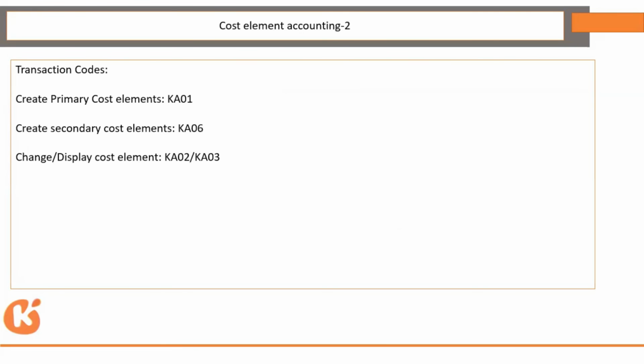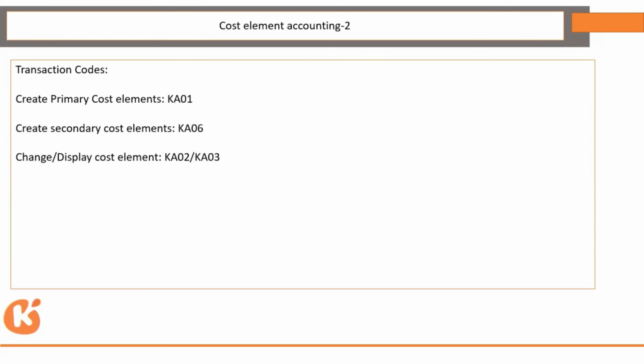And when we are having cost elements, we generally create cost elements using the transaction code K01, display or change the cost element using K02 or K03, and then create secondary cost elements using the transaction code K06. When we have a requirement to create certain primary cost elements, we make sure that the GL accounts are created in finance, and then we create the same in controlling using the transaction code KS01.